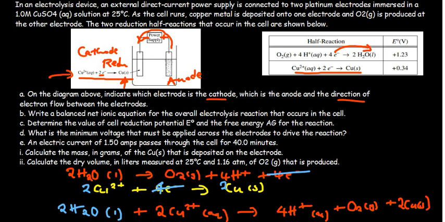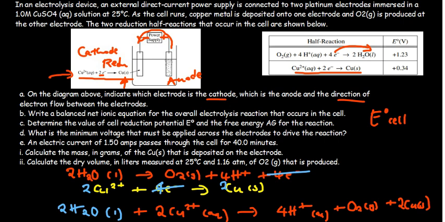Okay. Now from there you should be able to determine the cell potential of this cell and the free energy for the reaction. So how do we calculate the standard cell potential? If you don't want to confuse yourself, always just add the values.